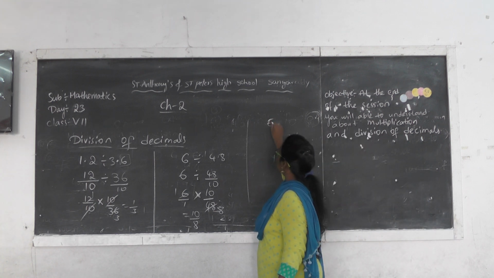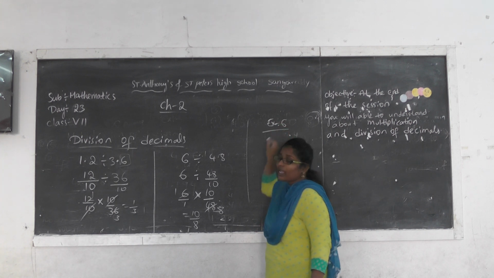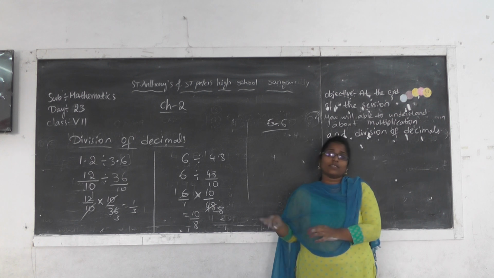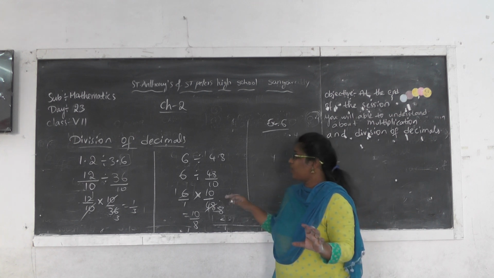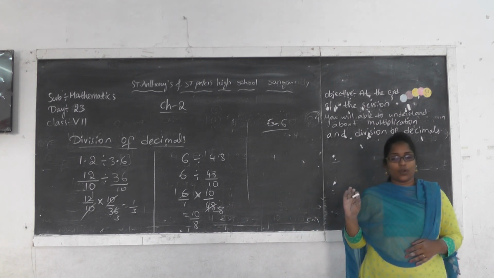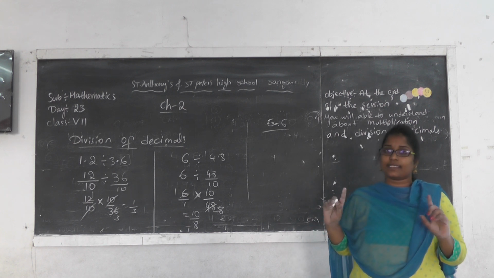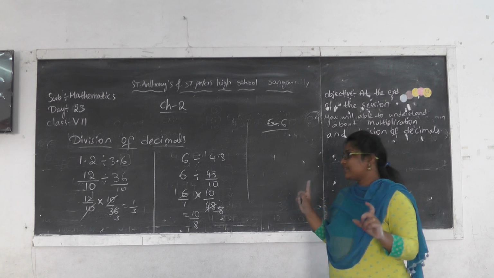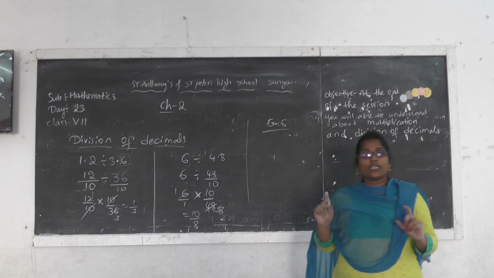in exercise 6, most probably all the solutions depend upon the multiplication and division of decimals. In exercise 5, we solved all the problems that depend upon the multiplication of decimals. In exercise 6, all the problems depend upon the division of decimals.